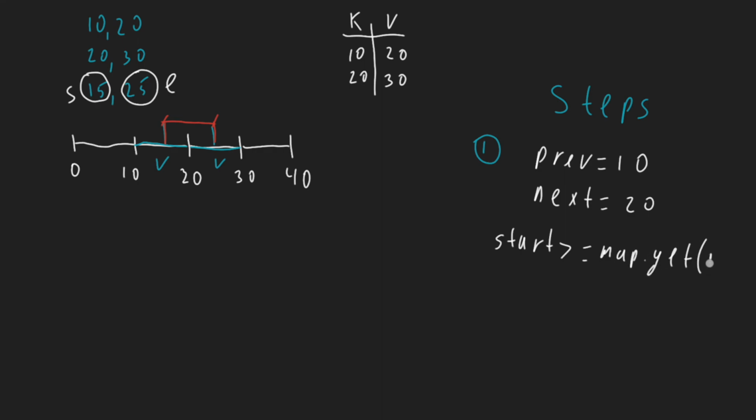In this case, it's 20. So our start should be more than or equal to the end time for our previous. In this case, start is 15, so it's less than that. So start is less than our end time here, so we cannot add that.